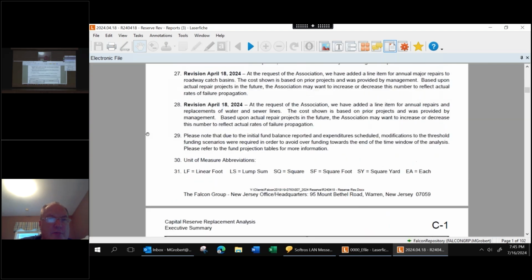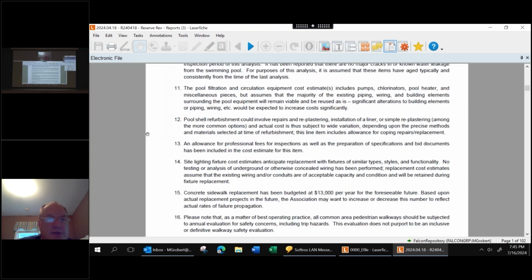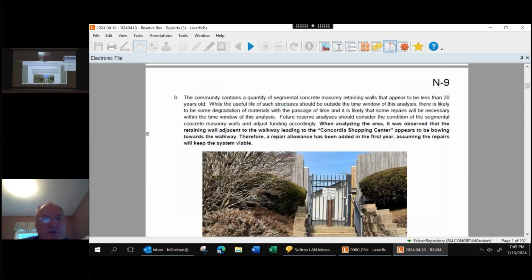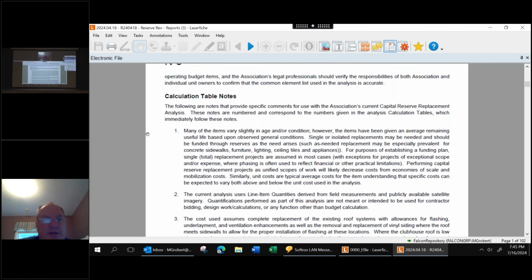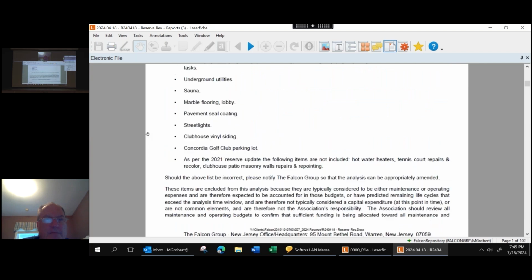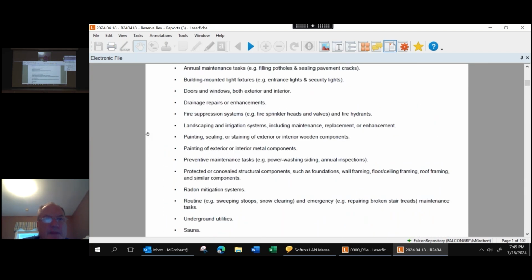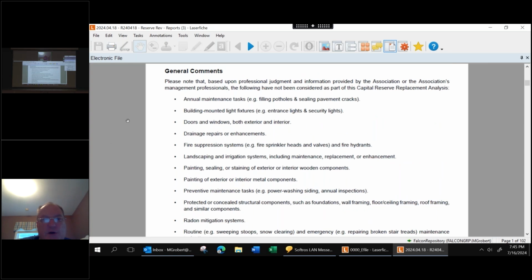The exclusions are based on some things that are typically excluded in a reserve, and also they reflect what your community and governing documents are, as well as what our typical reserve items. The reserve is for capital replacement items only.